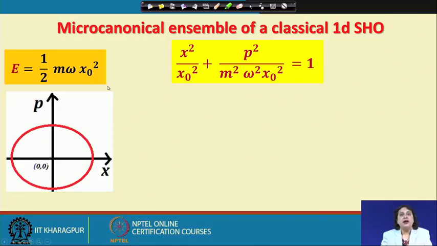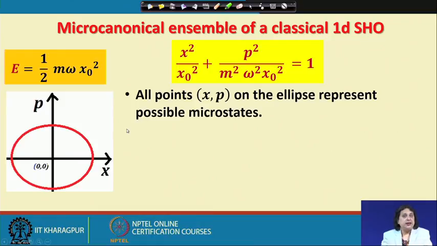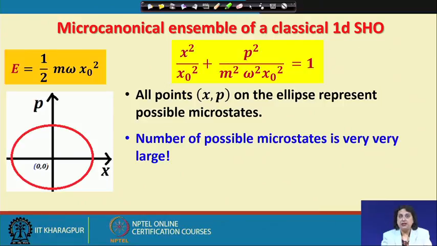In this case, the ensemble is this particular red elliptic curve in the phase space, in the two-dimensional space spanned by the position coordinate x and the momentum coordinate p. Any point x and p on this ellipse would represent a possible microstate corresponding to that constant value of energy E.